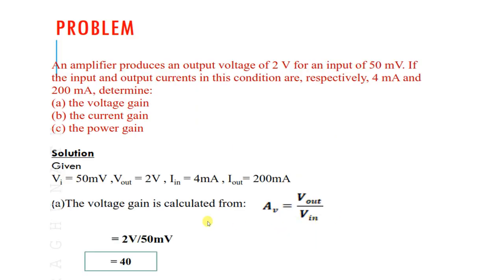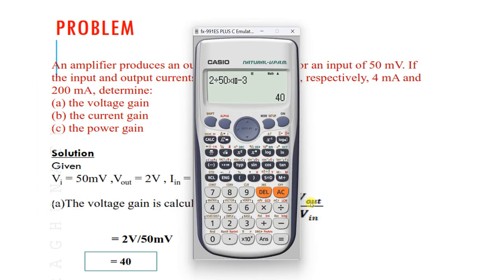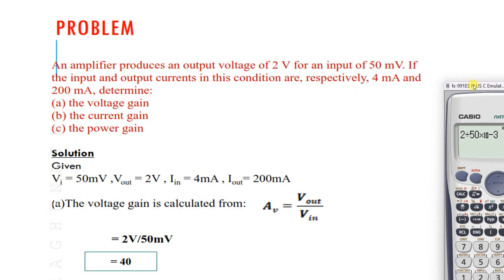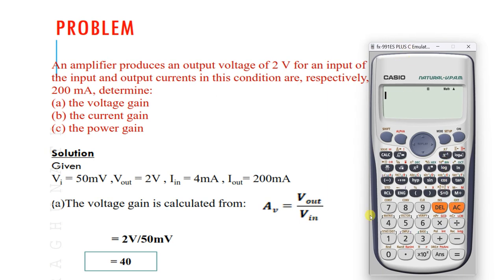Similarly, I can calculate input resistance and output resistance. In the formula book, you can see resistance is V by I. Input side means input voltage by input current. Input voltage is 50 milli, so you have to write 50 milli also.